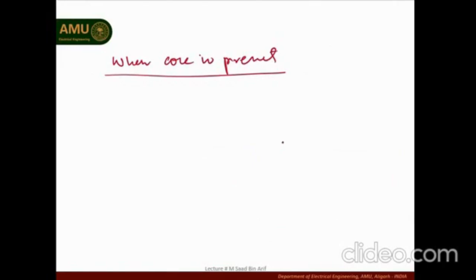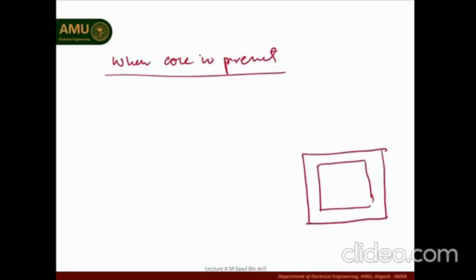So what you observe in the case of when the core is present, you will find that the flux line follow the core, because since the core is made up of magnetic material and that magnetic material provide a low reluctance path to the field lines, so the field lines start following the core.